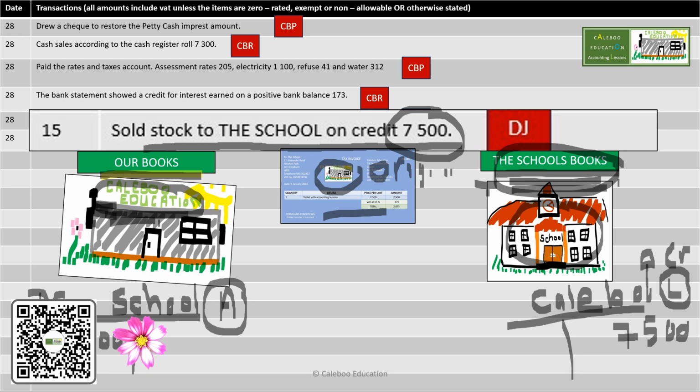Now what happens is the school is not happy with the products that they received, and the school issues a debit note. It's a claim for goods which do not comply with the order, because the school does not want to pay Calibre Education 7,500 because the school is not happy with the items that were delivered.